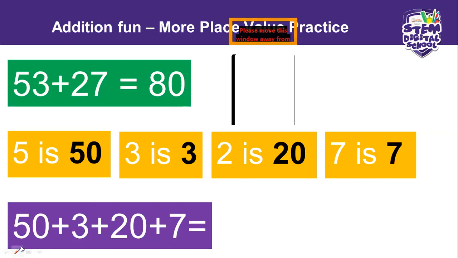If you want to count in multiples of 10 to make it easy, it will be 50 plus 20, it's 70. 70 plus 7, it's 77. Plus 3, it gives you 80. Well done, that's correct.